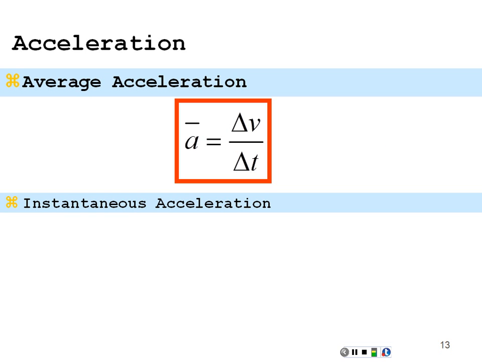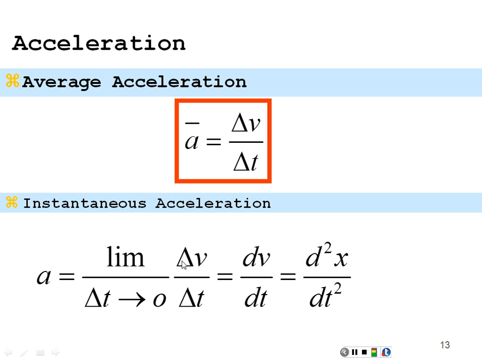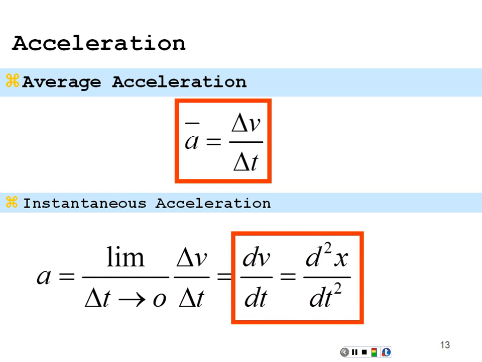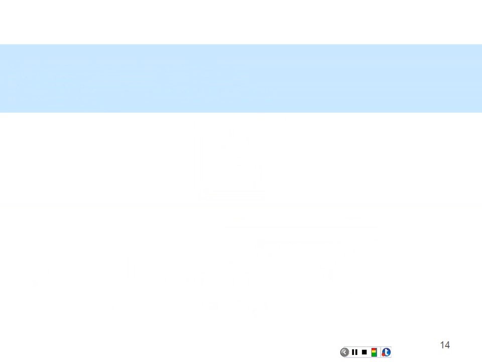Instantaneous acceleration would be where we reduce our time interval infinitesimally small down to a moment. As we do that, the limit of our change in velocity would be our infinitesimal change in velocity in an infinitesimal amount of time, dv over dt. Or I can even think of that as the second derivative of our position as a function of time. That is our instantaneous acceleration.